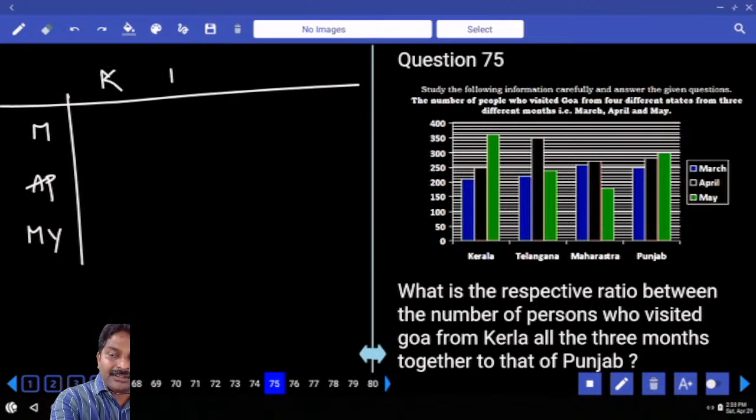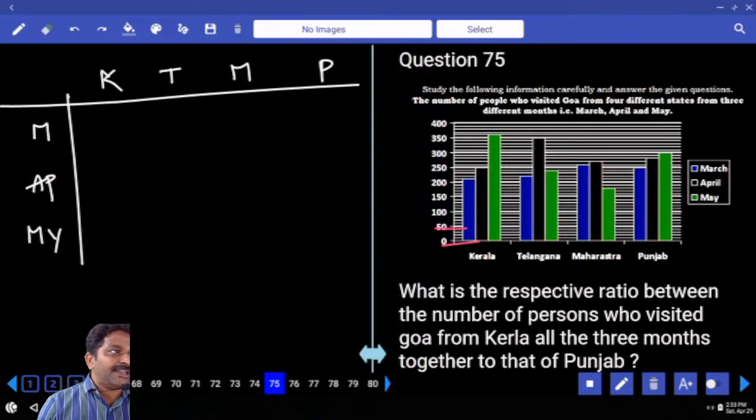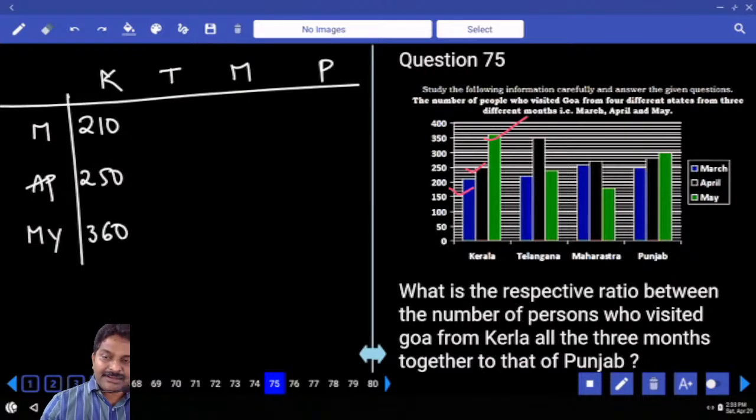Kerala, Telangana, Maharashtra, Punjab. Right. 0, 50. That means each subline is equal to 10 only. Come on, tell me numbers. Kerala: 210, 250, 360.